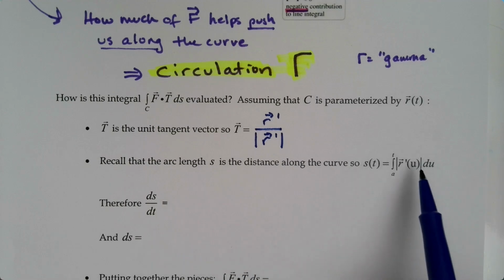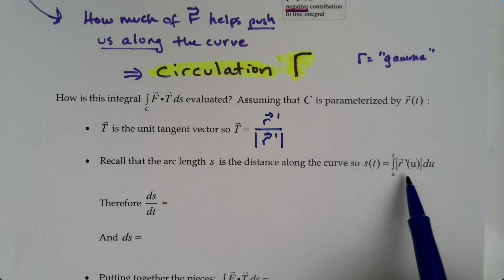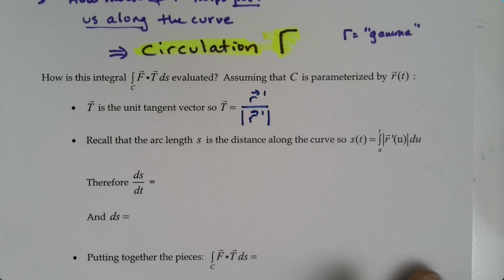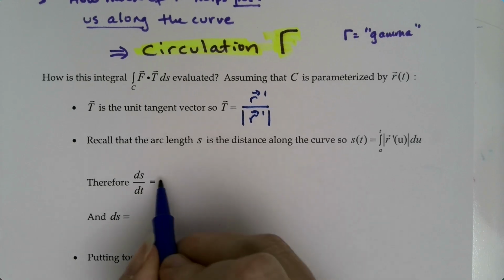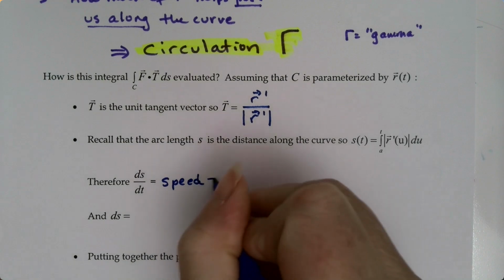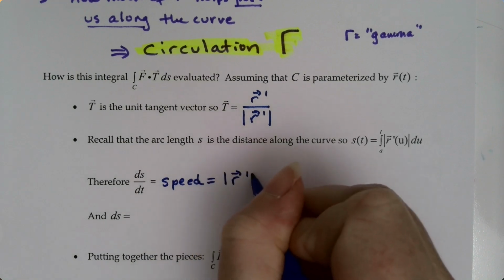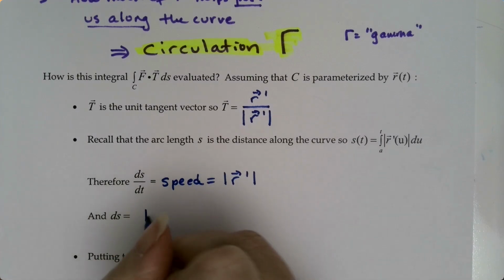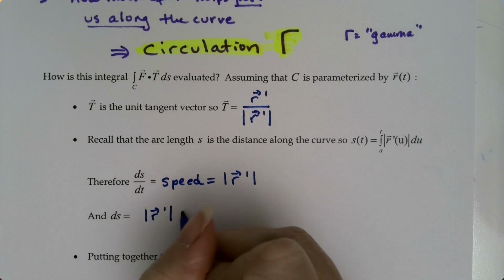We've done this before as well, right? Arc length is that distance. Everything from the earlier chapters is coming home to roost. Therefore, ds/dt is equal to speed, which is the magnitude of your r prime. So ds would be the magnitude of r prime dt.